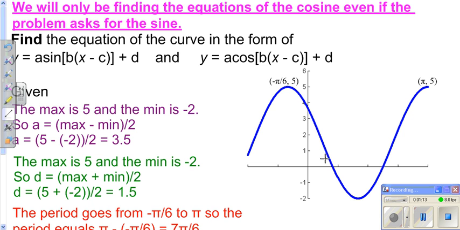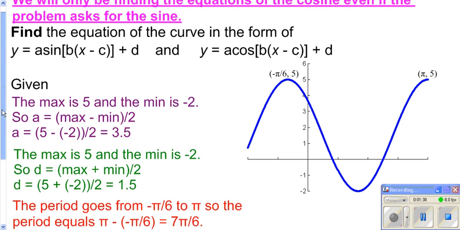So the horizontal line that cuts your graph in half is at a height of 1.5. And how far you go above and below that horizontal line is the amplitude, which is your 3.5. So that's how it shows up on your graph. We don't need that though for the sake of what we're looking at.